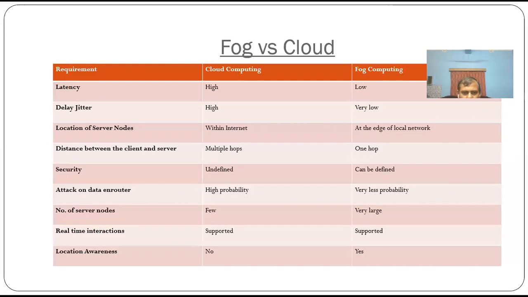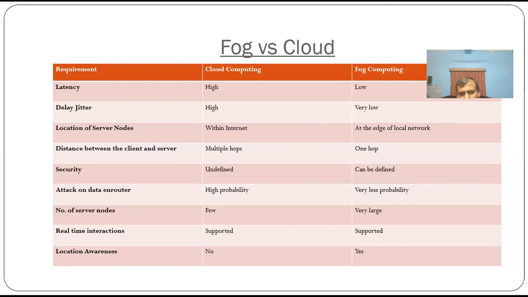Now we will go for a detailed comparison between fog and cloud. At the very top, we have the point latency. Cloud computing's latency is high compared to fog computing because the access time to the cloud is much larger compared to fog computing devices. Delay jitter is also high for cloud computing, but very low in case of fog computing.